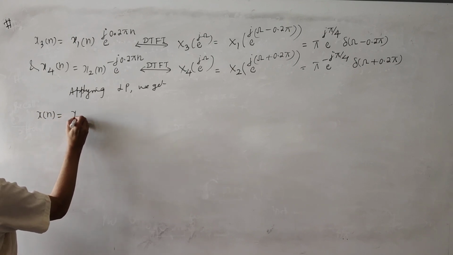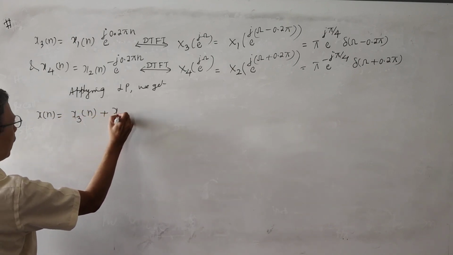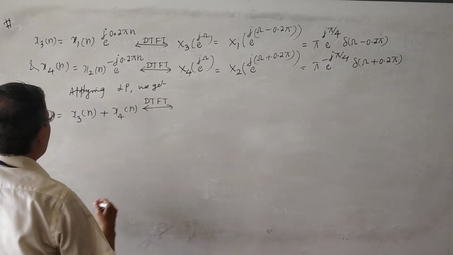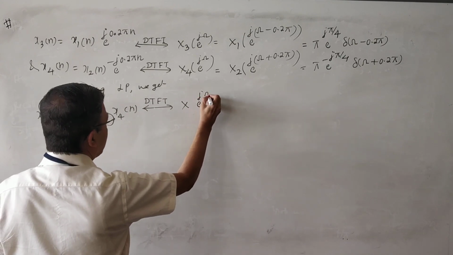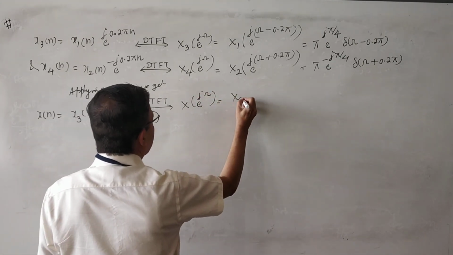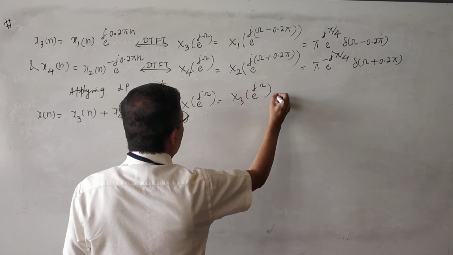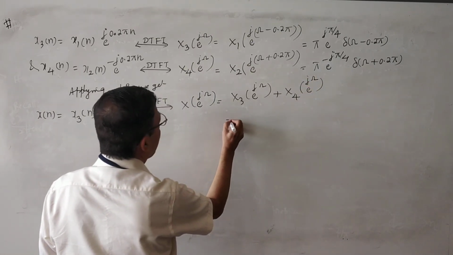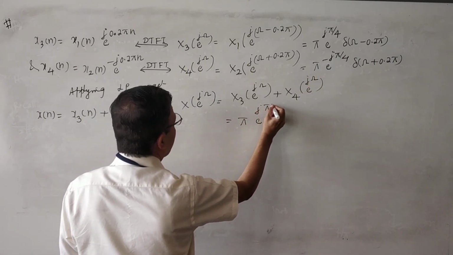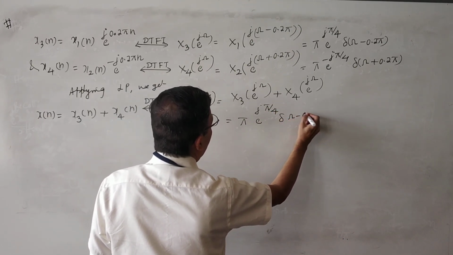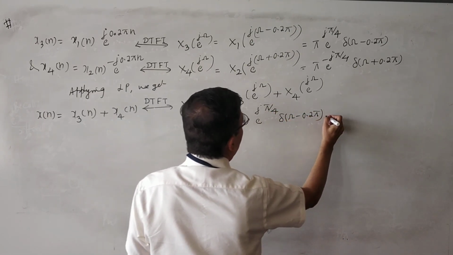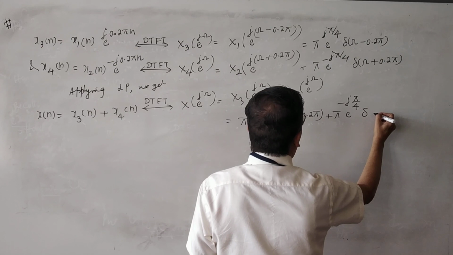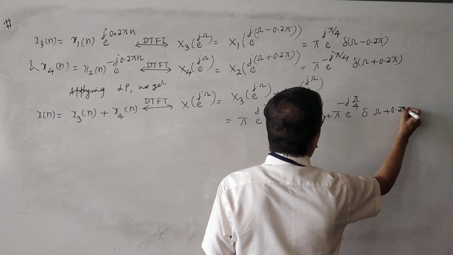X of n is x3 of n plus x4 of n will have a discrete time Fourier transform x of e power j omega equal to x3 of e power j omega plus x4 of e power j omega. That means it is pi into e to the power j pi by 4 delta of omega minus 0.2 pi plus pi into e to the power minus j pi by 4 delta of omega plus 0.2 pi.